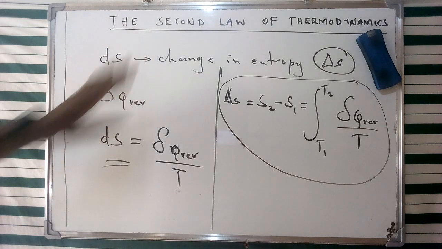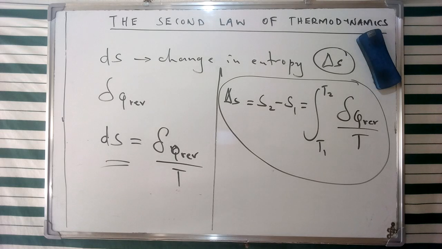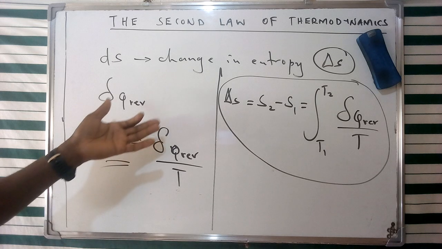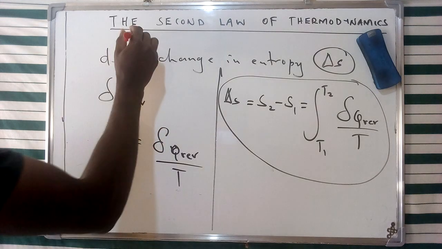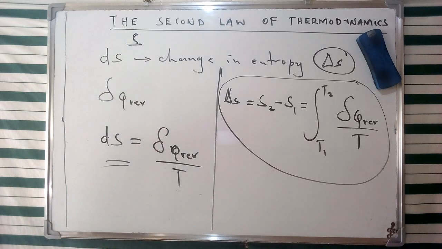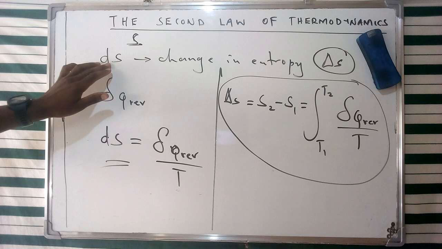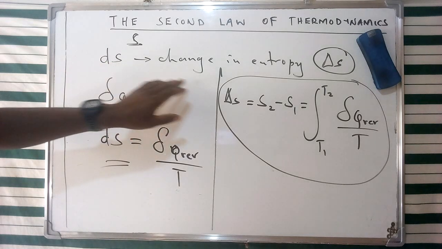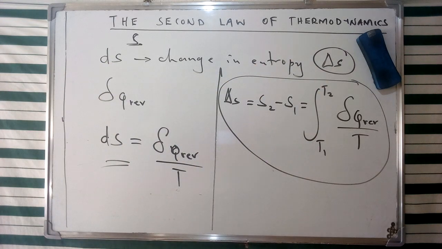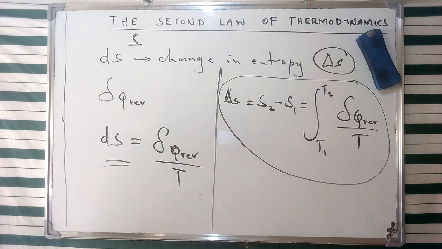And from this, I said that they are going to form a basis for what we call the concept of entropy. And entropy, as we said, is a measure of disorder, which is going to be represented using the initial S. Now, the change in entropy can be represented using this particular dS, and therefore, the total change, which we had said can as well be given in terms of delta S given as such.